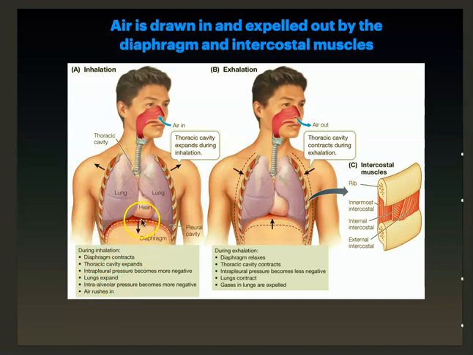We have the diaphragm contract, and so this is a muscle, and as it contracts, it creates a slightly larger space for the lungs, and so it creates a little bit of a vacuum, and it lets this cavity expand, and so we draw air in.